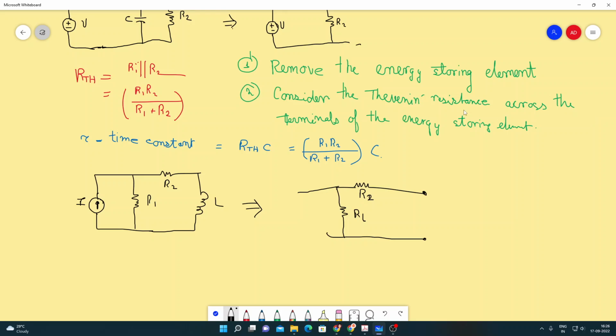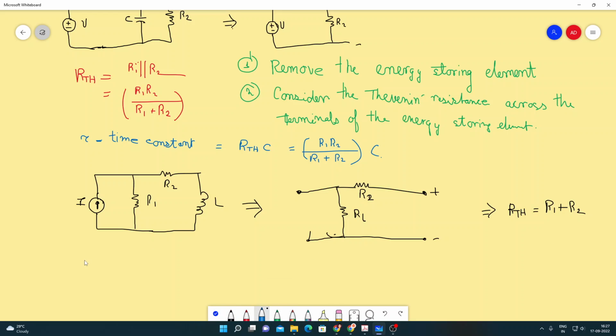So we need to consider the Thevenin resistance across the open terminals. Here it's a current source, so it will also remain open. Hence RTH equals R1 plus R2.